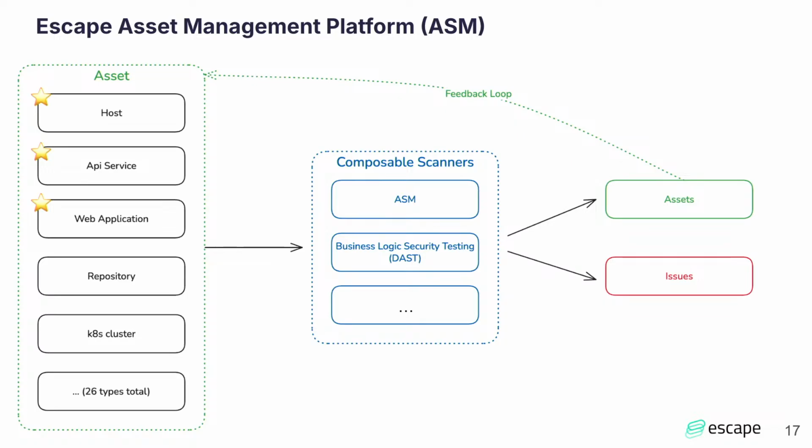We run that through scanners, which can be of various types too. So either ASM to do discovery, or some DAST or business logic security testing to find vulnerabilities. And those scanners will output assets, so discovery, and this creates a feedback loop. We can put those assets back into the scanners, etc., expanding the attack surface. And it will report some vulnerabilities.